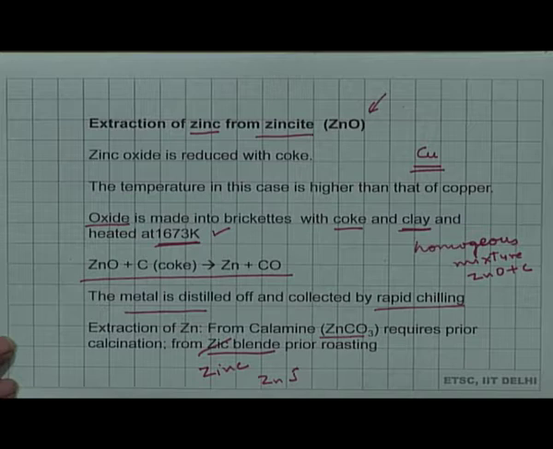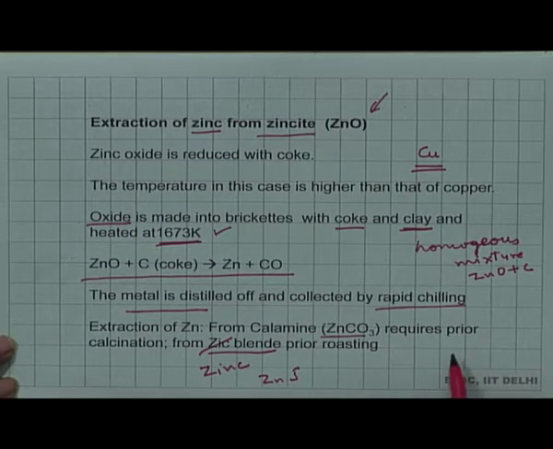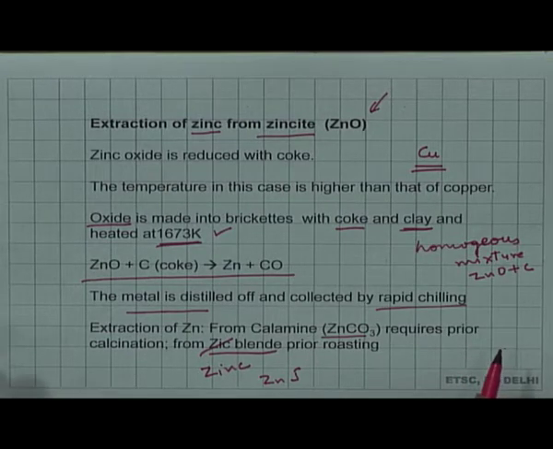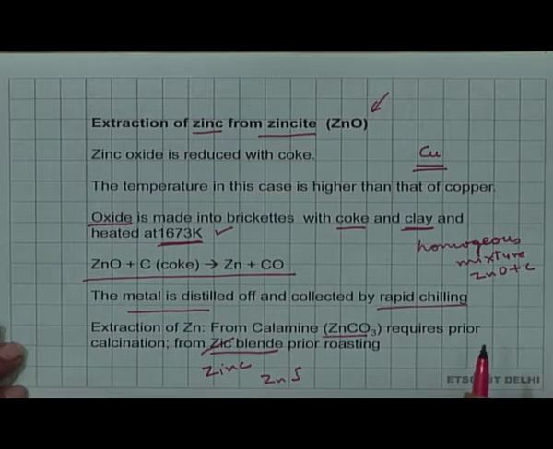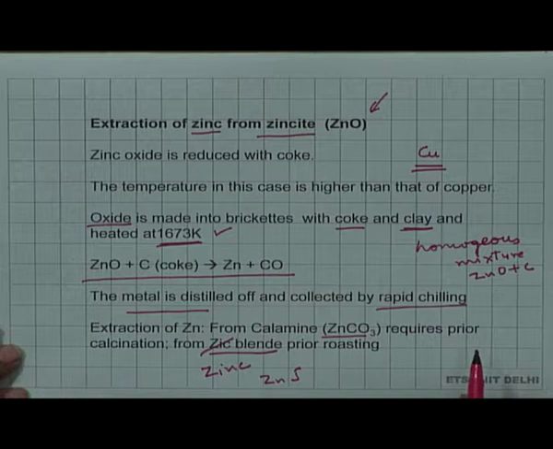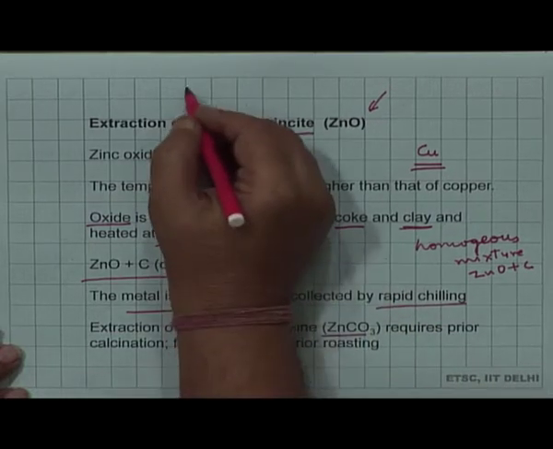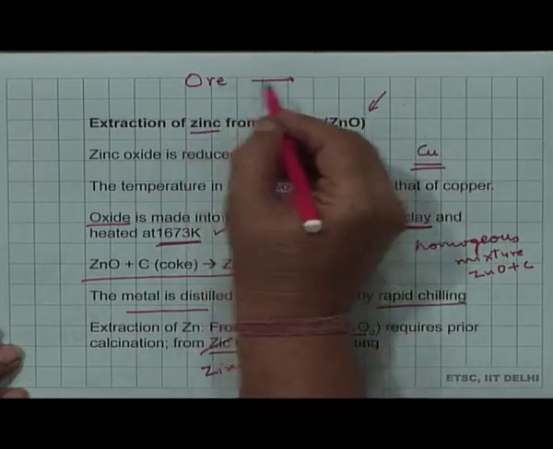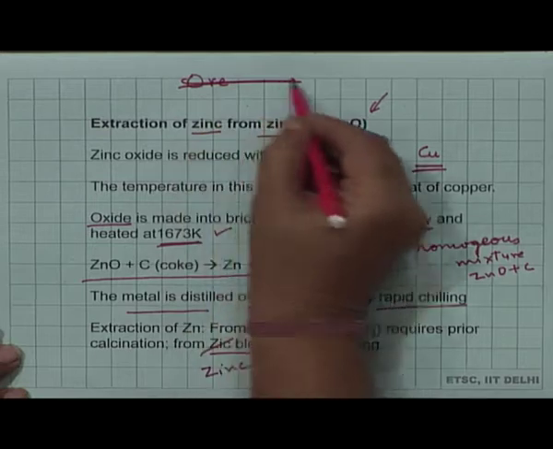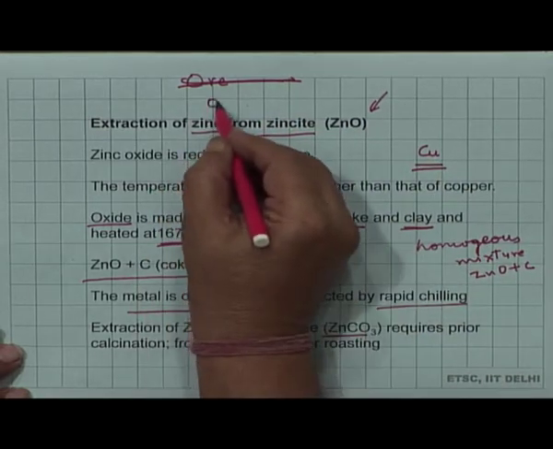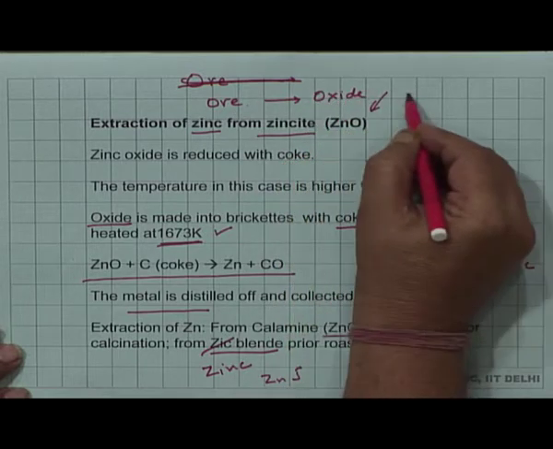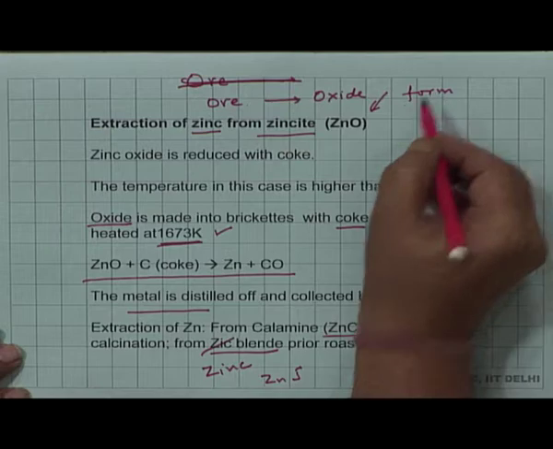So, obviously, depending upon the nature of these ores, we have to apply a dressing procedure. Dressing procedure in metal extraction is the one in which you bring the metal ore from any form into an oxide form, because oxide form can be reduced only.